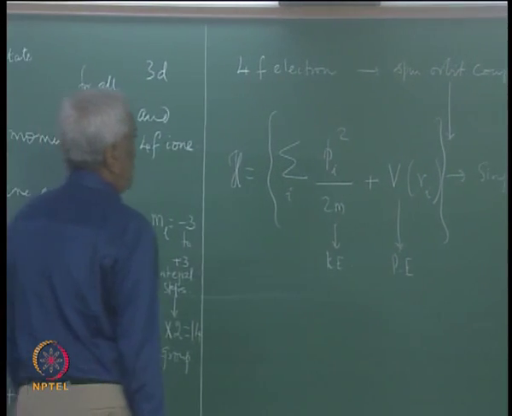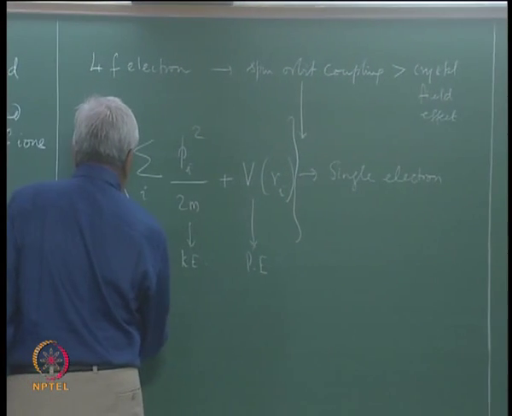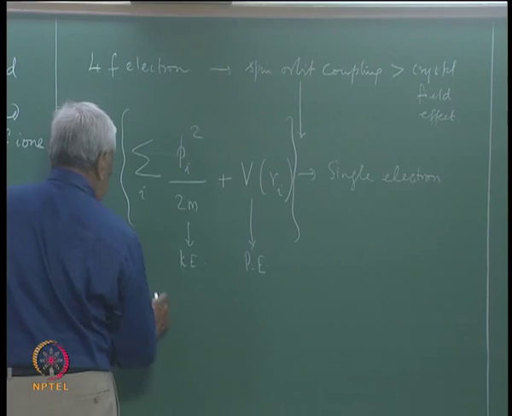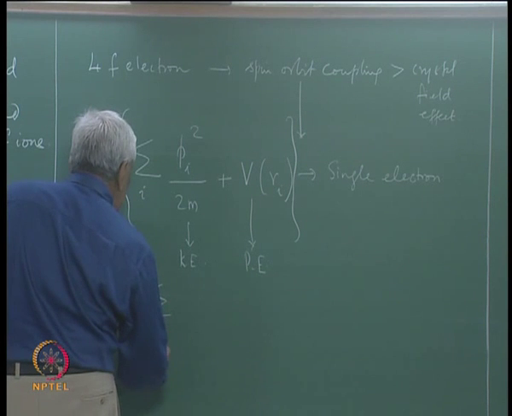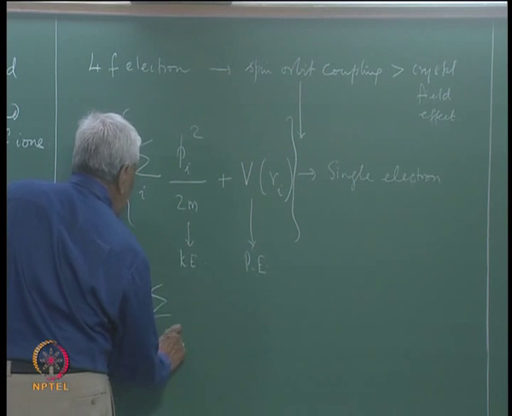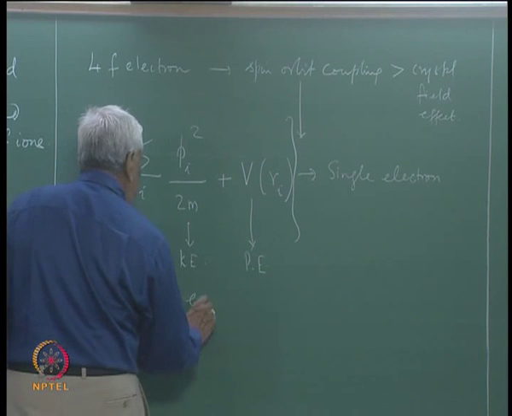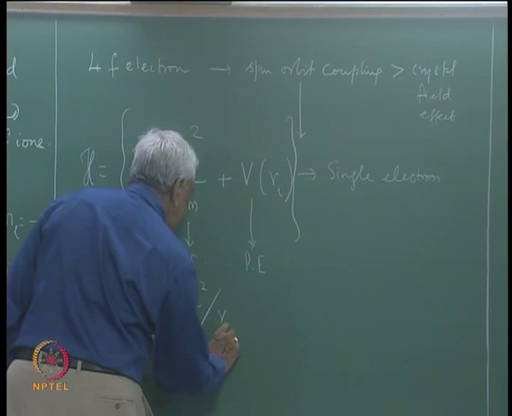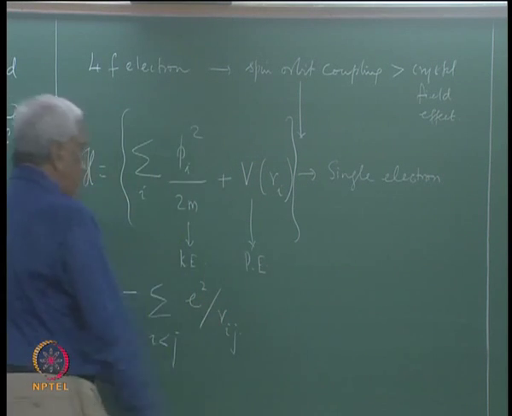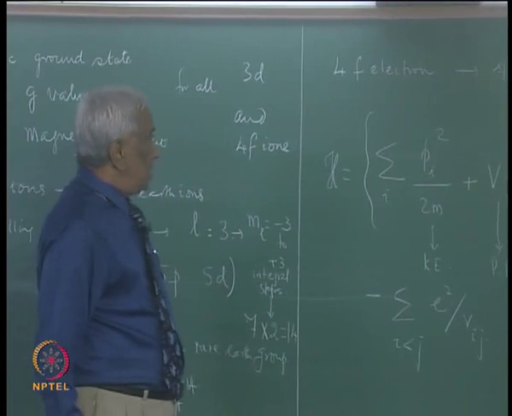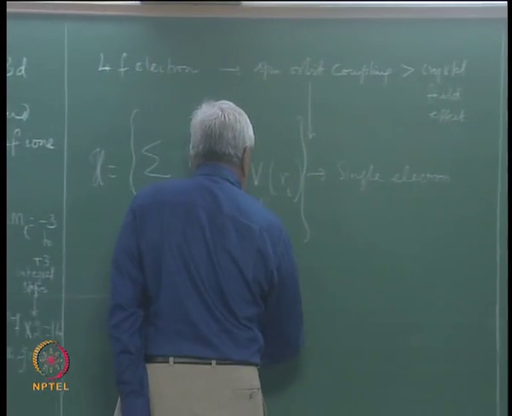individual electron. In addition, next in descending order of strength, we have the inter-electron Coulomb repulsion. This is a 2 electron term.